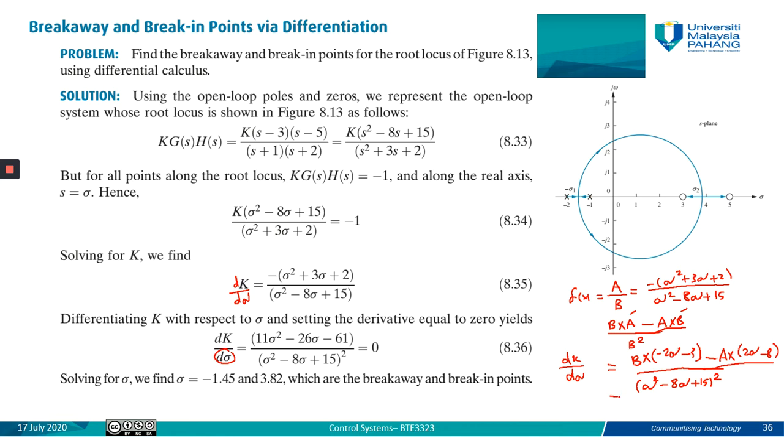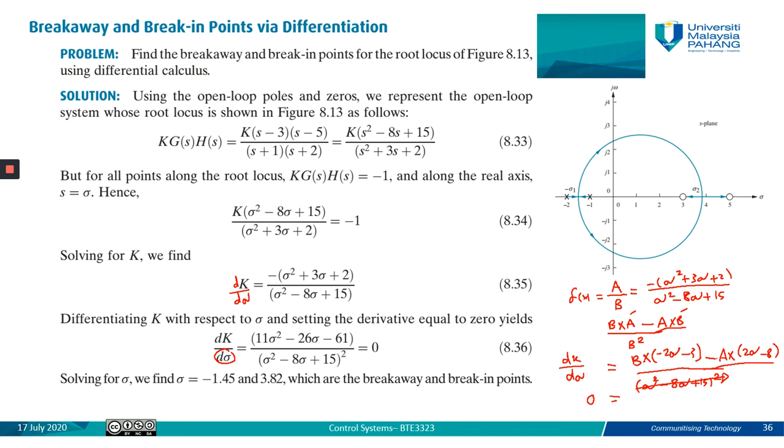Why equal to 0? Because when I differentiate a constant number, which is k, the gain, over any variable, it gives 0. So with cross multiplication, this one will be 0 and that one will be 0.